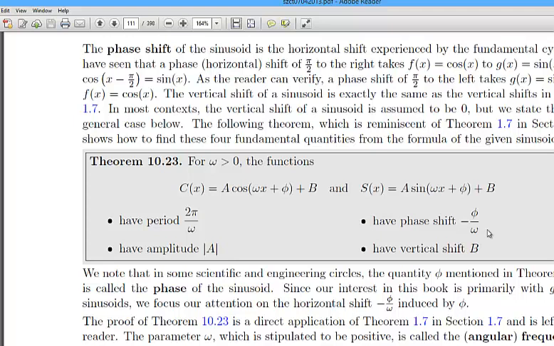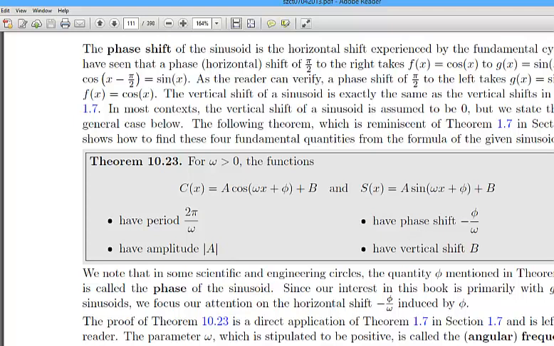In our problem, what is phi? Yeah, well, it's funny because the formula says plus phi, and that's why the formula here says negative. So the phase shift for us would be pi over 2.